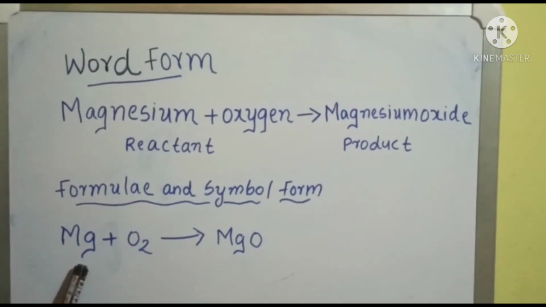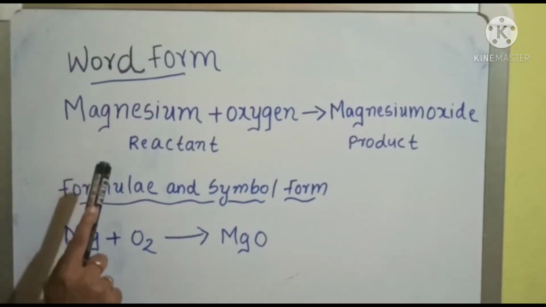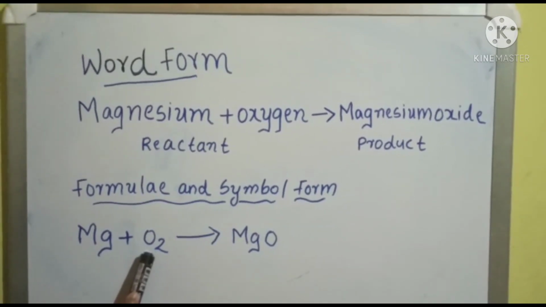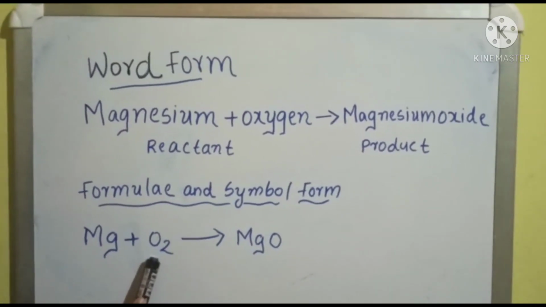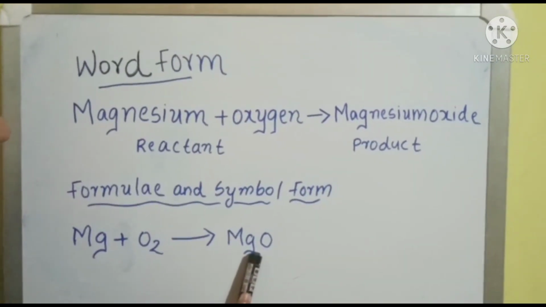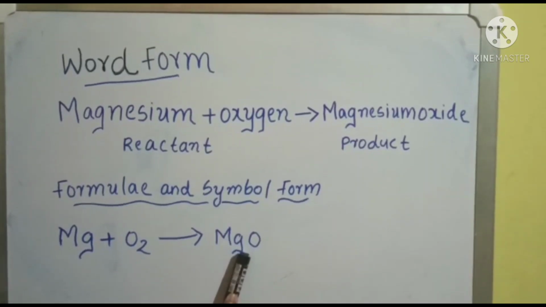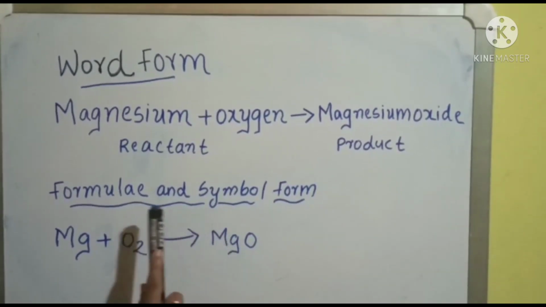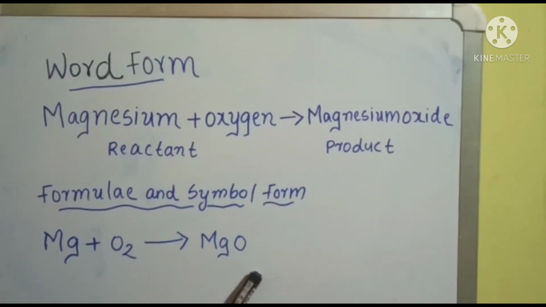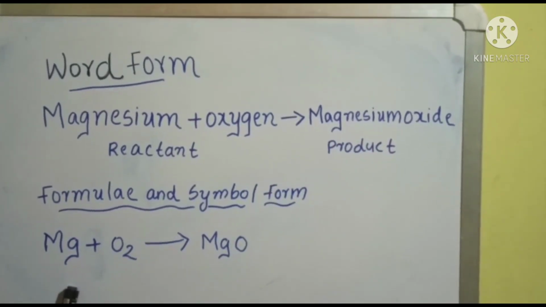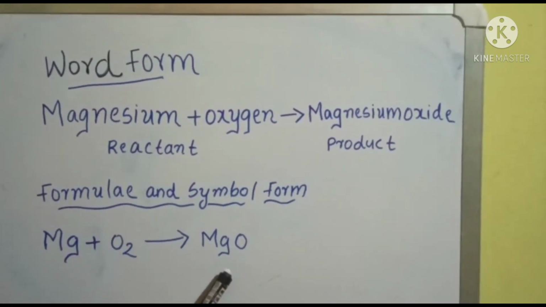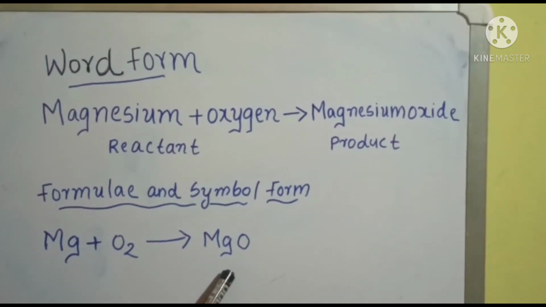Mg is the symbol of magnesium and oxygen is written as O2 because the symbol of oxygen is O. And magnesium oxide is written as MgO because the chemical formula of magnesium oxide is MgO. Here also the reactants are written on the left hand side and the product is written on the right hand side.